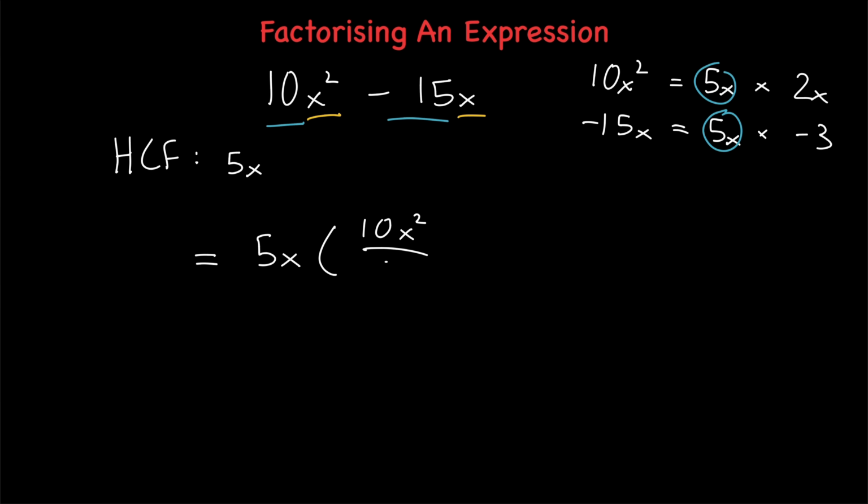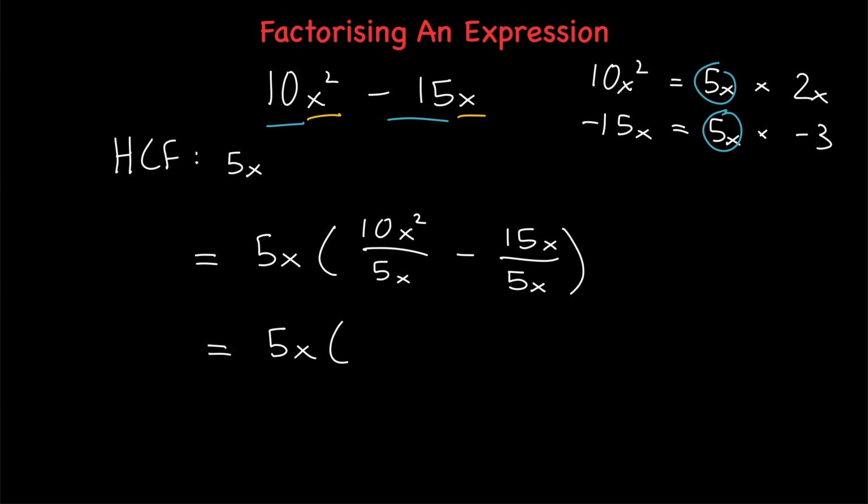So 10x squared divided by 5x minus 15x divided by 5x, which then equals 5x outside of the brackets. 10x squared divided by 5x is 10 divided by 5, which is 2.